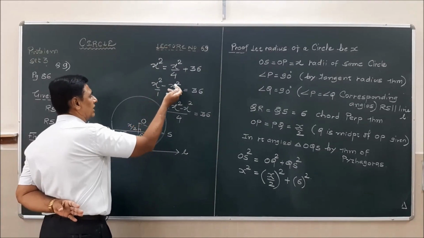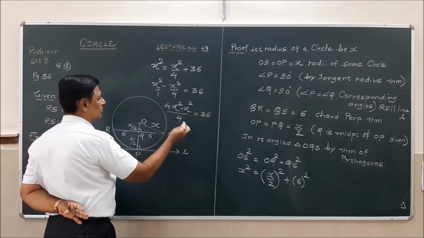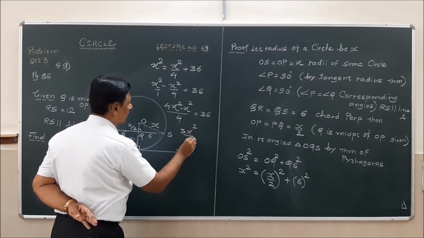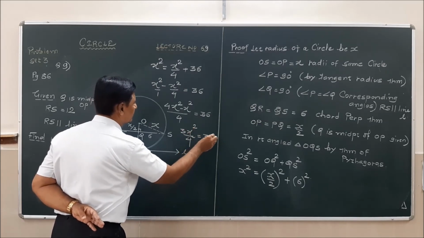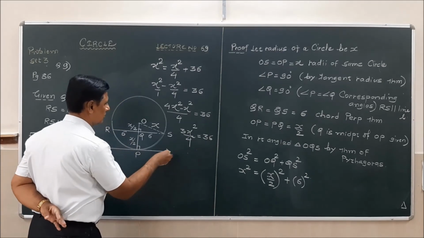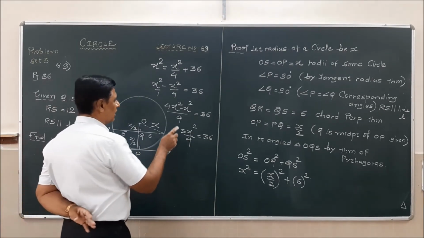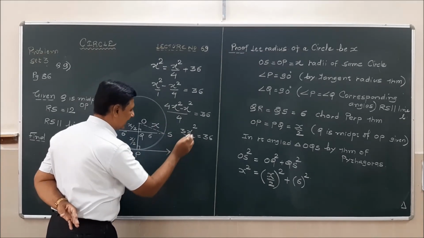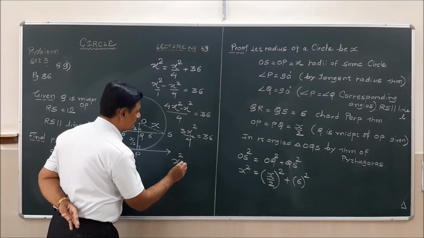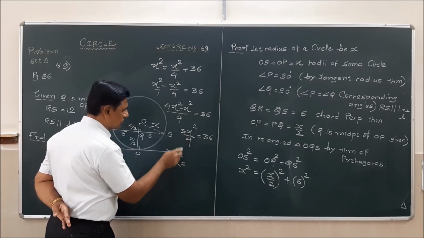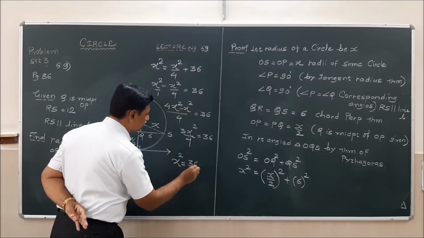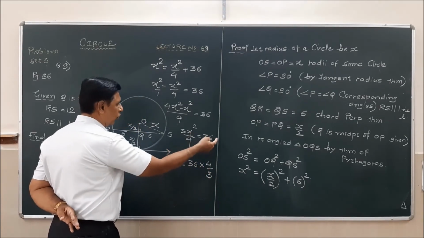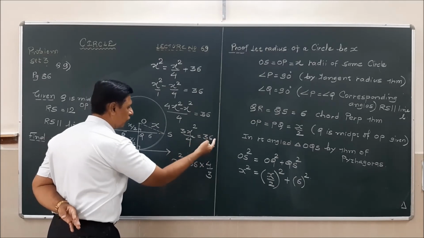That is 3x square upon 4 equal to 36. X square is equal to 36 into 4 upon 3.